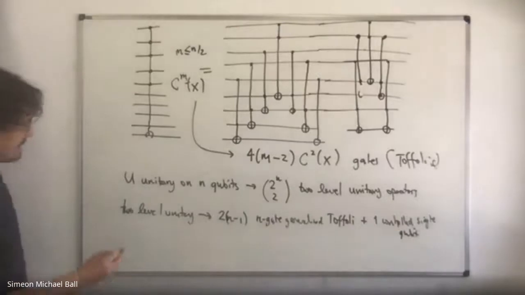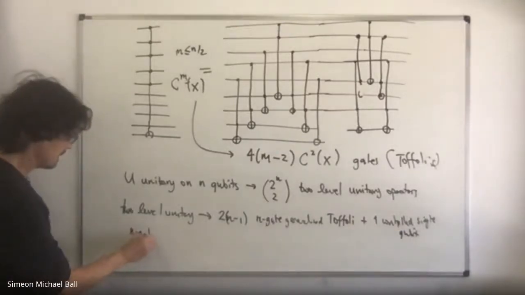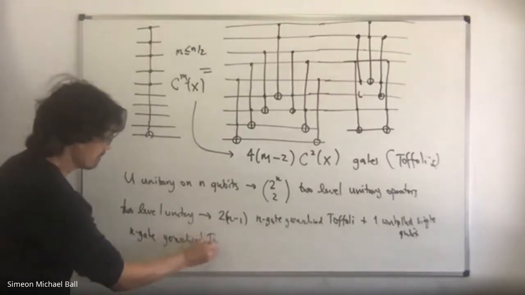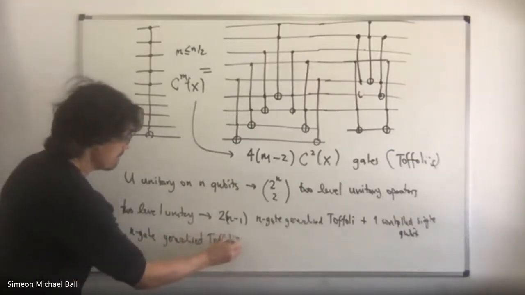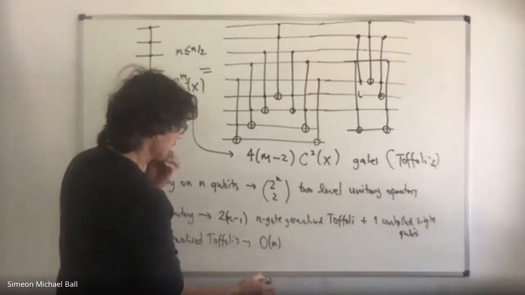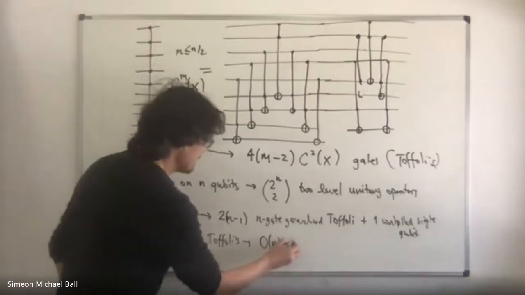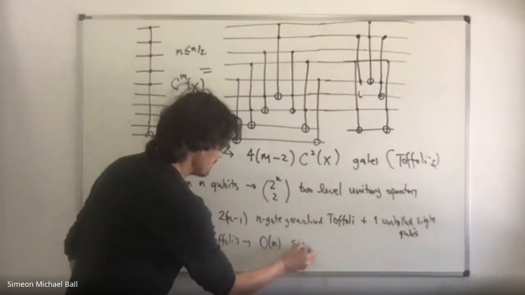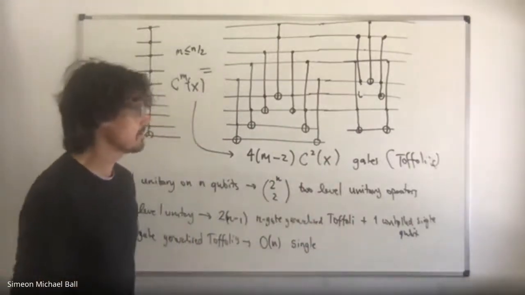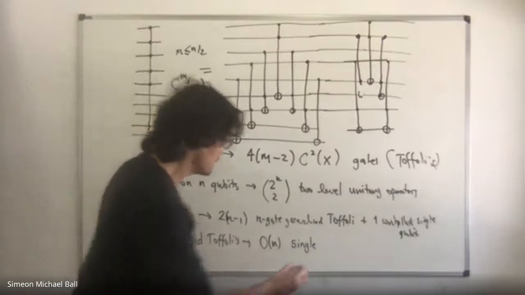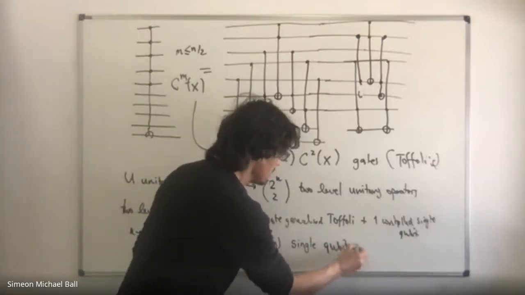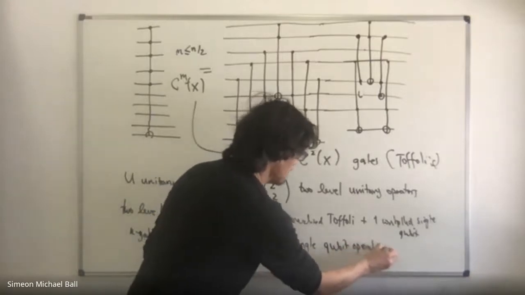The n-gate generalized Toffolis break down into some big O of n single Toffolis, and then as I said, Toffoli breaks down by the exercise we just saw into single qubit operators plus C naughts.